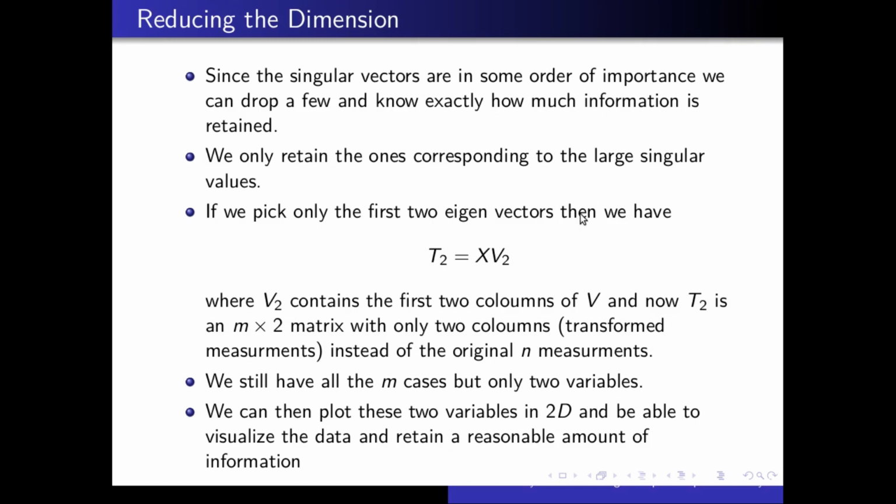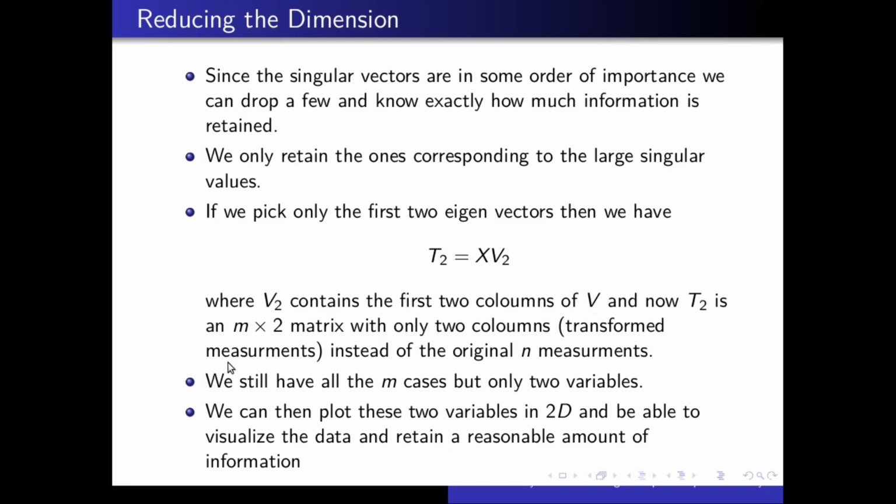Most of the time we shall pick only two, because we want to be able to represent our data in the two-dimensional space. So we pick only two principal components, and then we calculate our transformed data T as X multiplied by V2, where V2 will contain the first two columns of V.